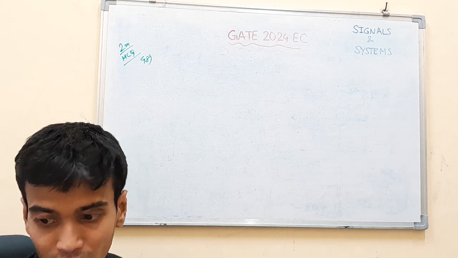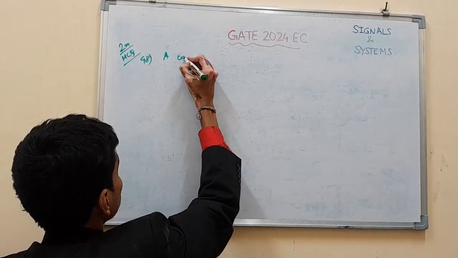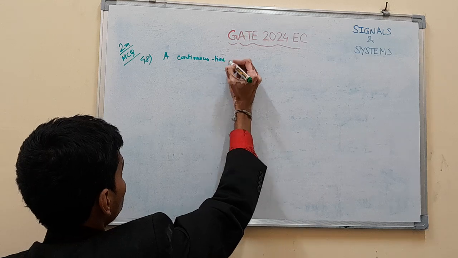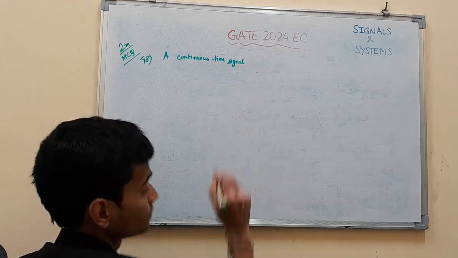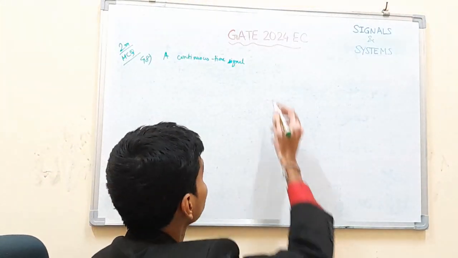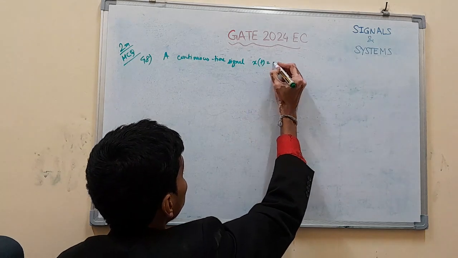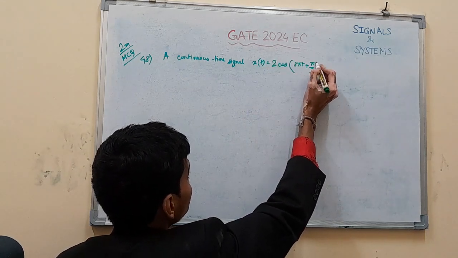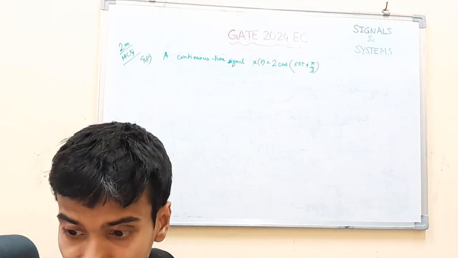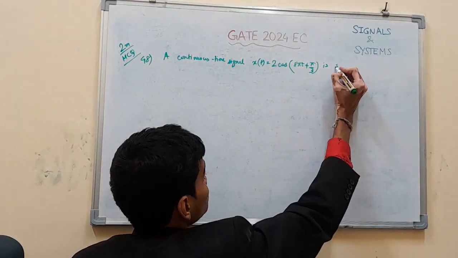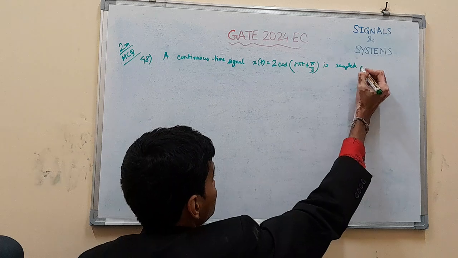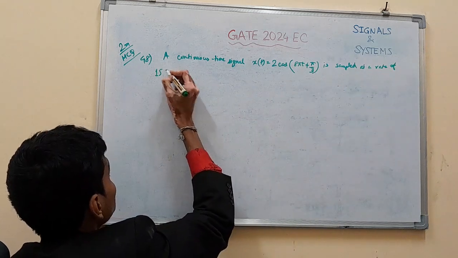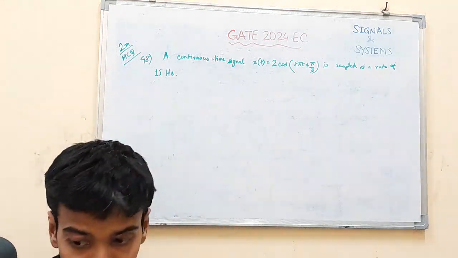Given a continuous time signal x of t equals 2 cos (8 pi t plus pi by 3), it is sampled at a rate of 15 Hz.